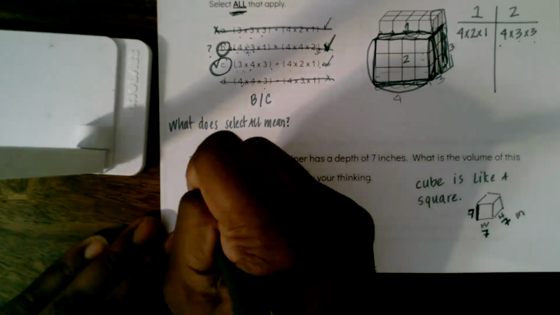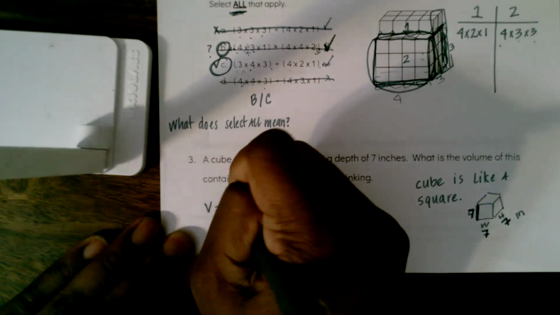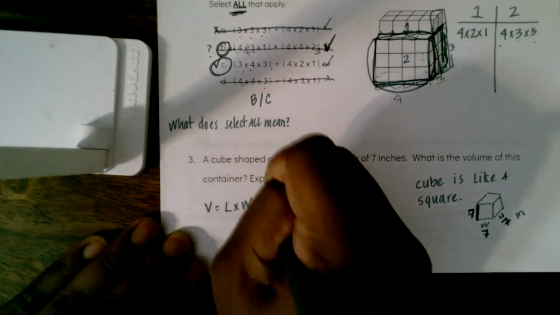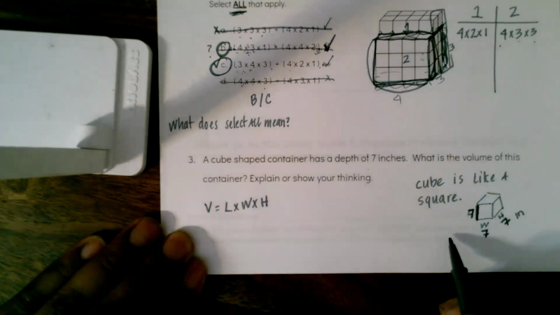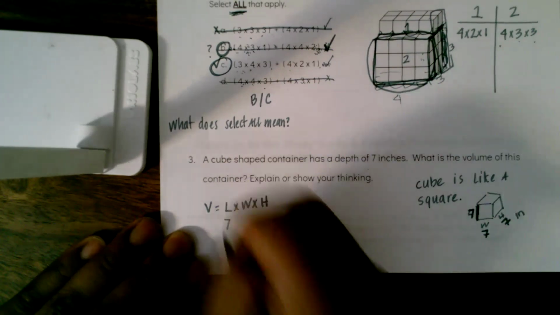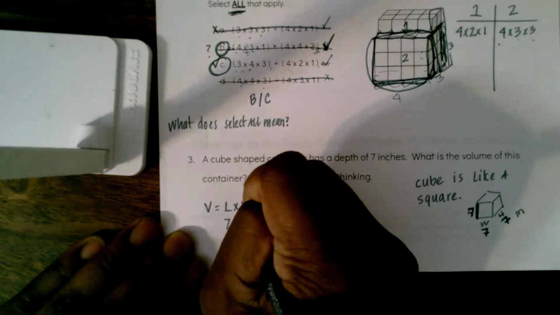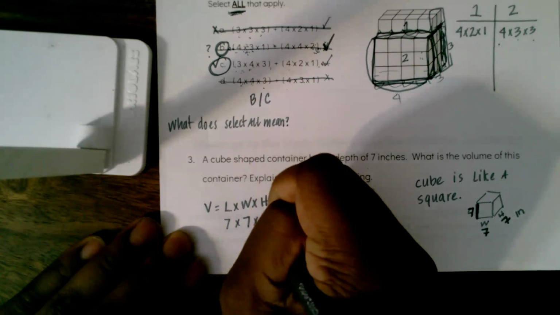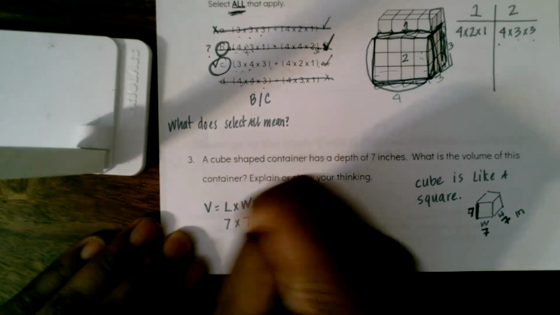And we know that volume is length times width times height. And so I know that the length is 7 times the width is 7 times the height, which is 7.